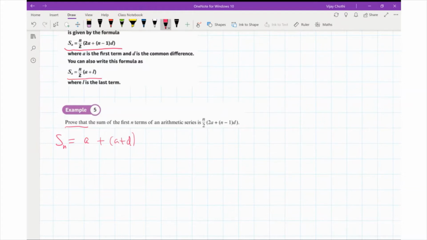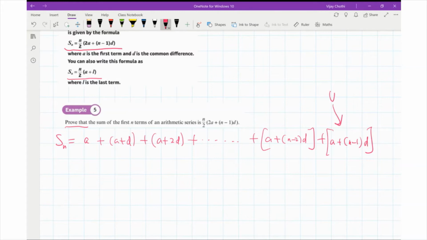Then you add on the third term, a plus 2d. Carry on up to the nth term. The one before it would be a plus (n minus 2)d, and the nth term is a plus (n minus 1)d. So this is Sn.